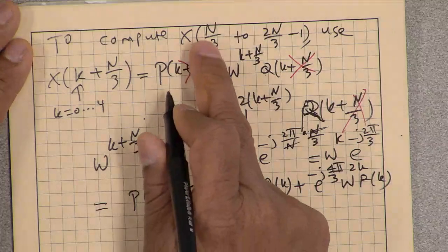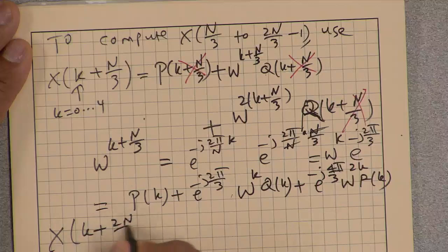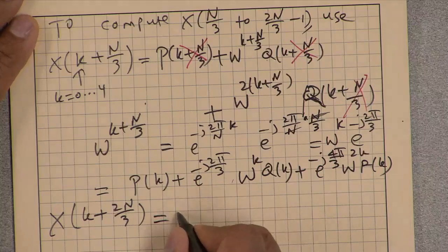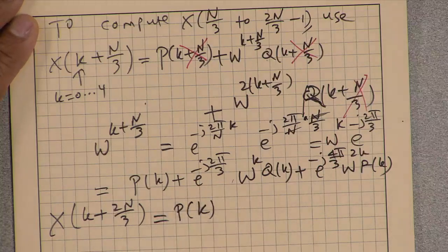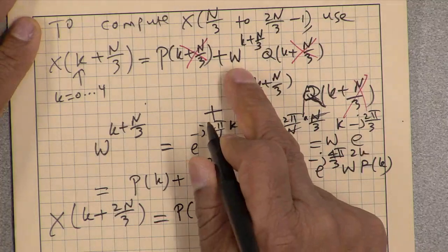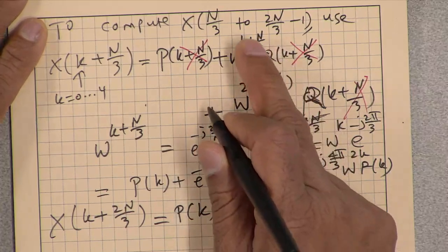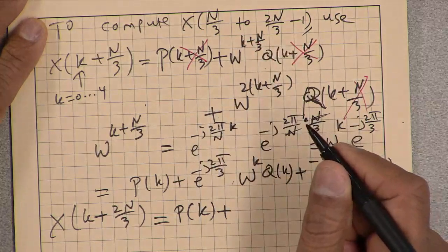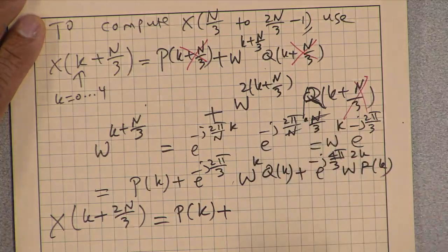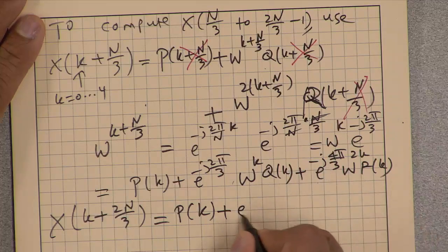And to compute 2N by 3 to N minus 1, I can just say Xk plus 2N by 3 is going to be, and I can skip a couple of steps, Pk plus 2N by 3, which is the same as Pk, W to the power k plus 2N by 3 will be the same as e to the power minus j 4 pi by 3.